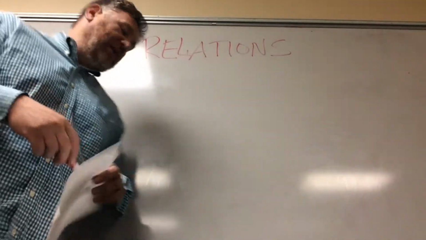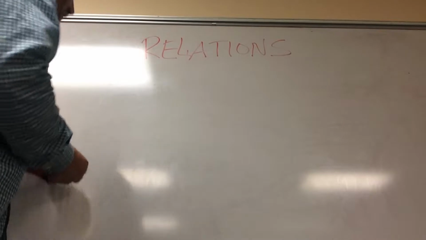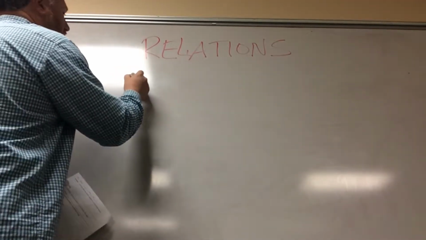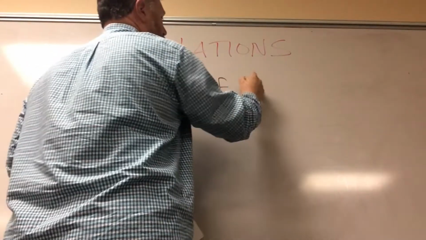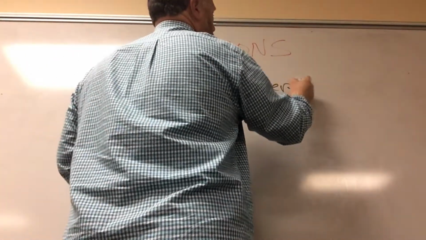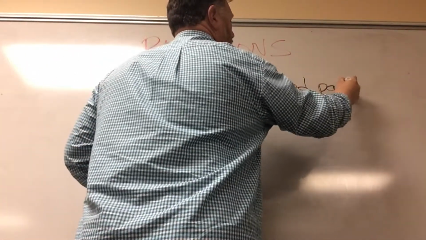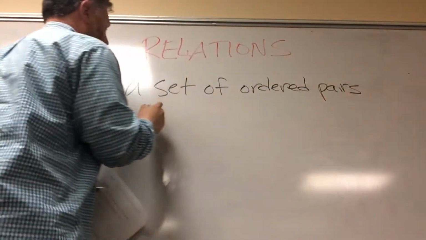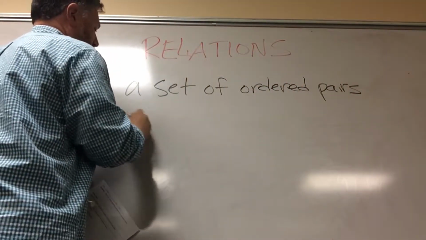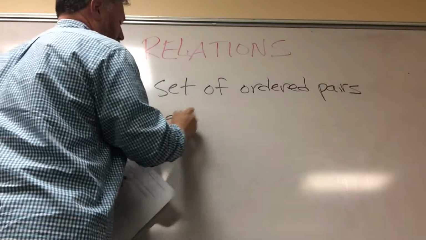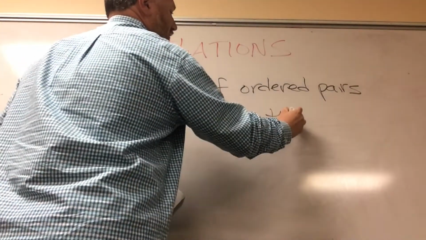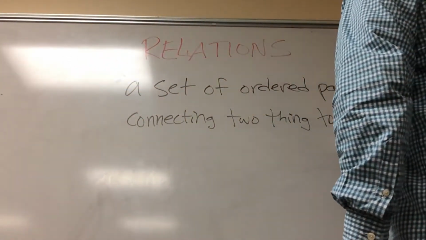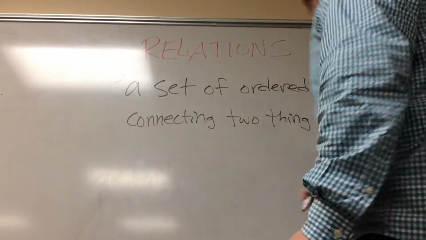So in math, a relation is a set of ordered pairs connecting two things together.